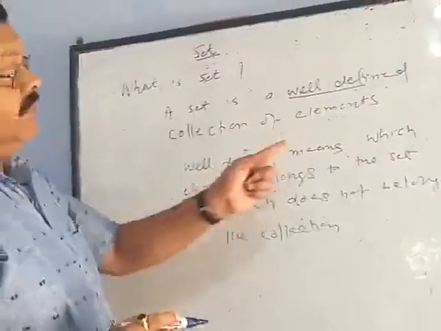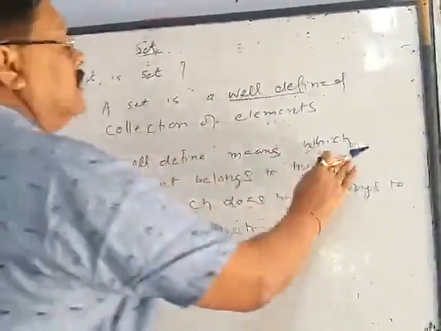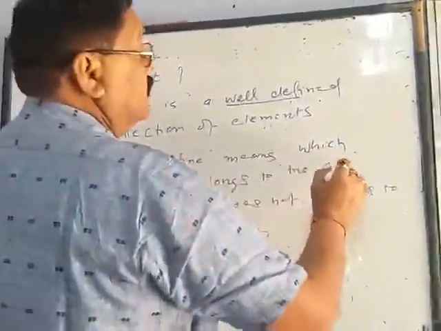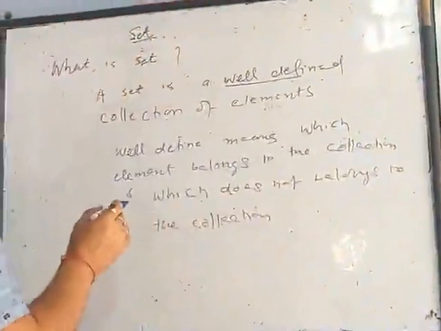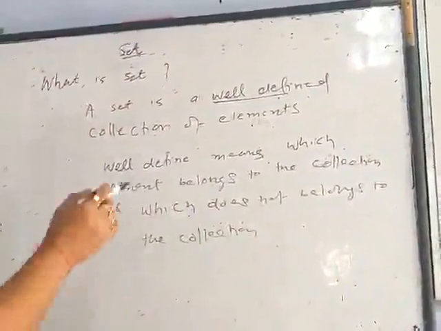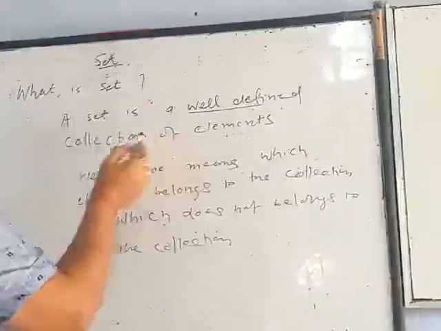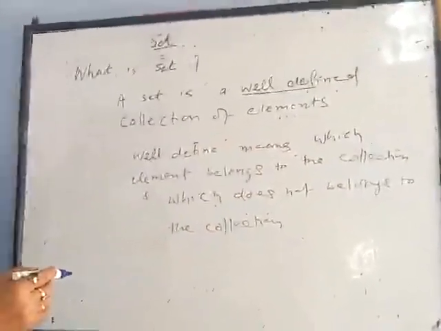Well defined means which element belongs to the collection and which does not belong to the collection. This is the meaning of a well defined collection.